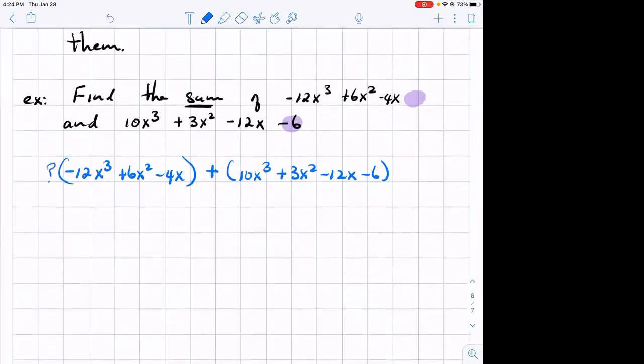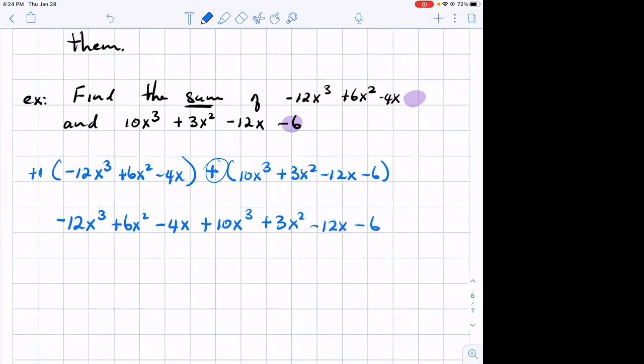There is a plus 1 out here. And when you distribute positive 1 to the inside of a parentheses, nothing inside of the parentheses changes. So 10x cubed plus 3x squared minus 12x minus 6.